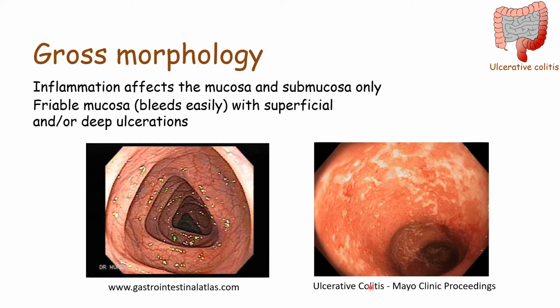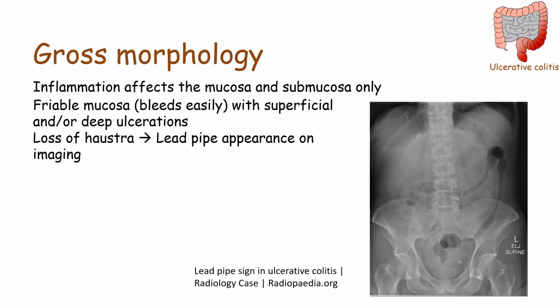Another thing we can see in this image, in contrast with this one, is that here we can see all these divisions in the colon. These are called the haustra. Up here as well, various different divisions. In ulcerative colitis, you get the loss of these divisions. This is also a characteristic finding of this disease.